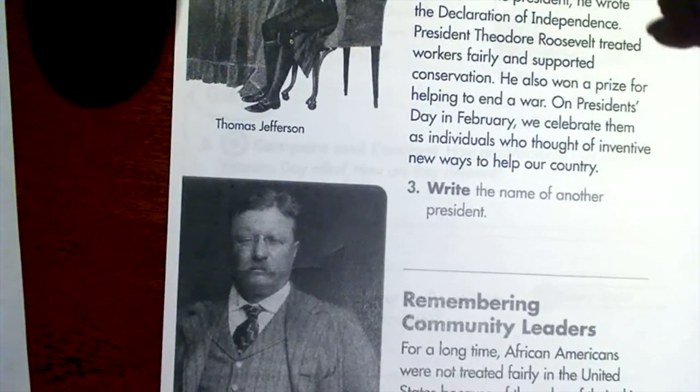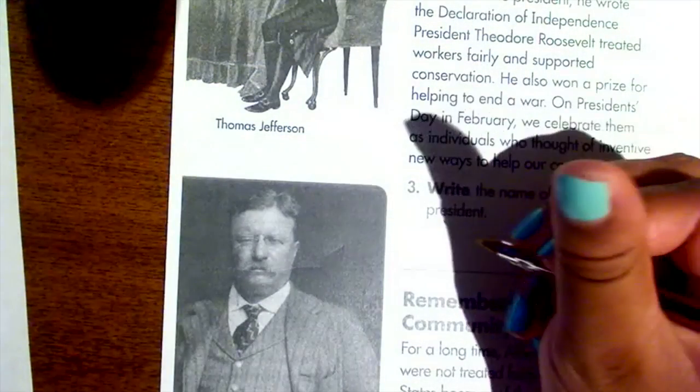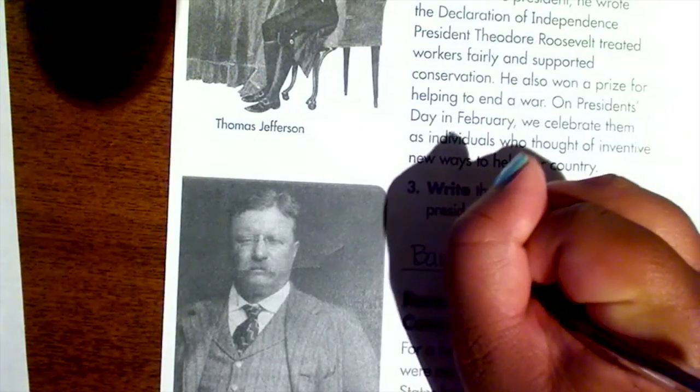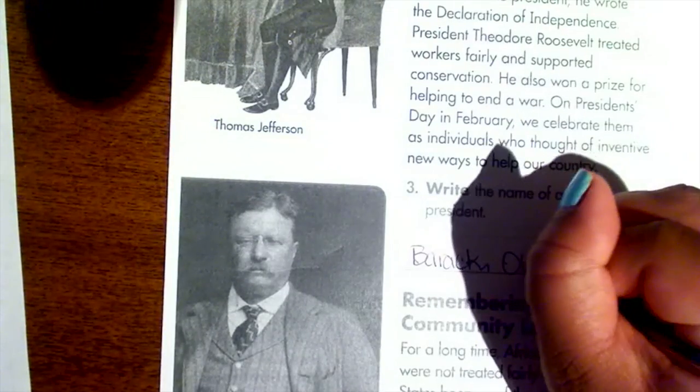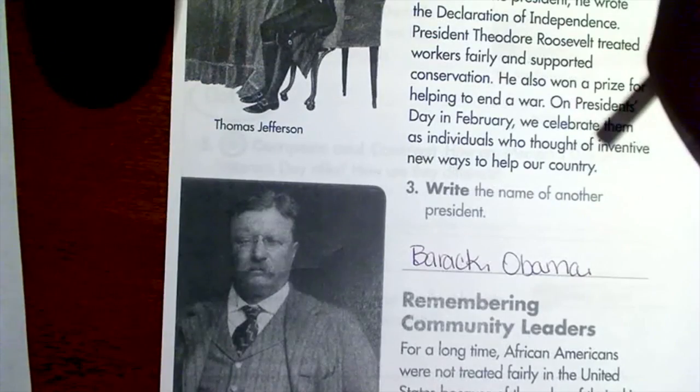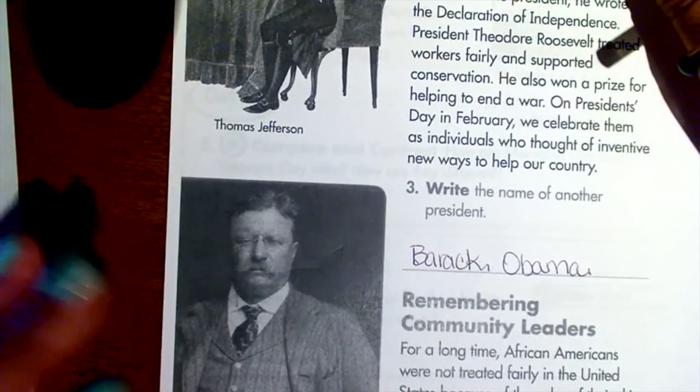You can choose any president that you want. I'm going to choose Barack Obama just because that's the first president that comes to our mind, or some of you probably thought of Donald Trump, our current president. So we have completed task number 7.